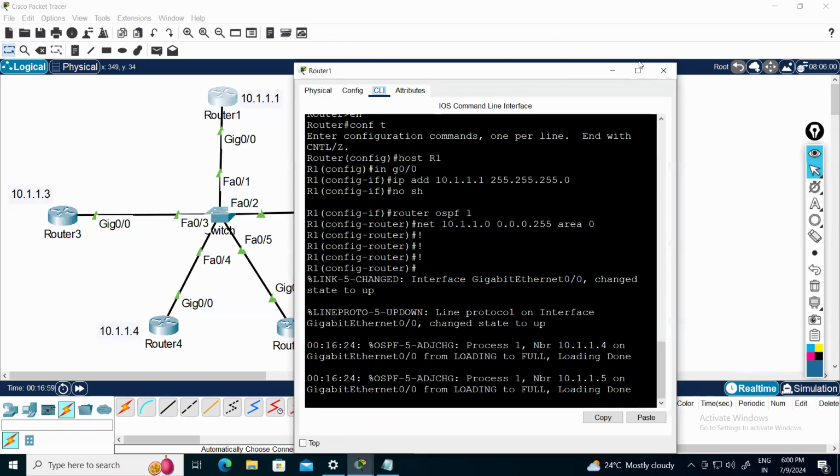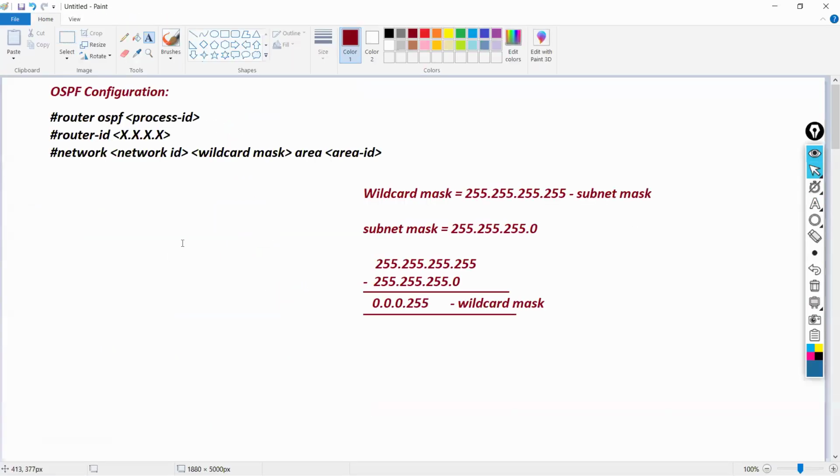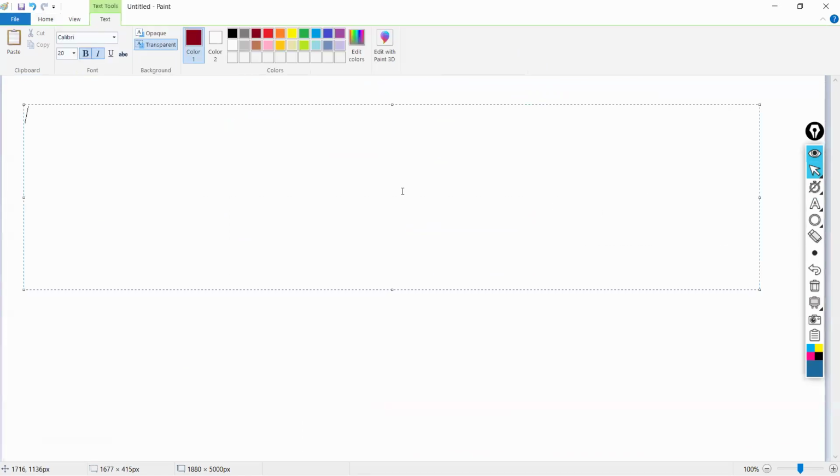When you configure OSPF, OSPF creates three tables.